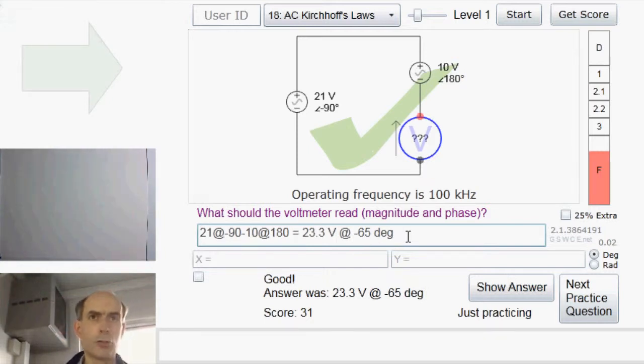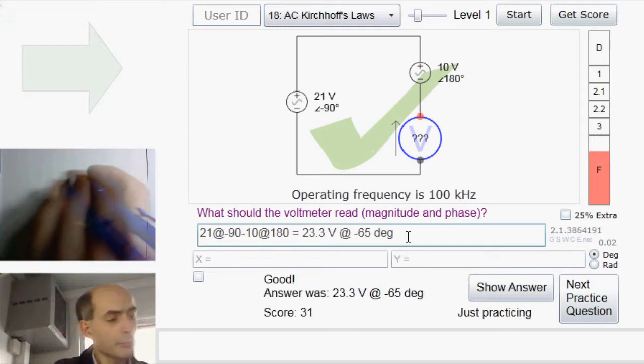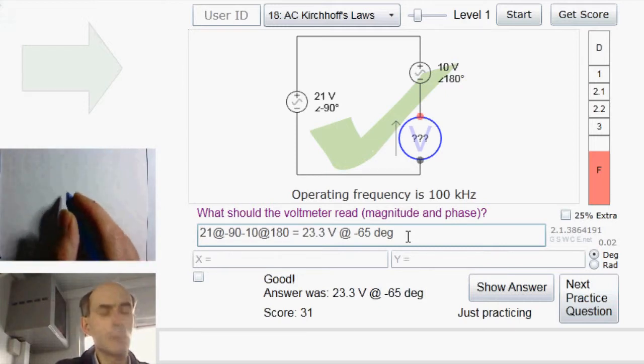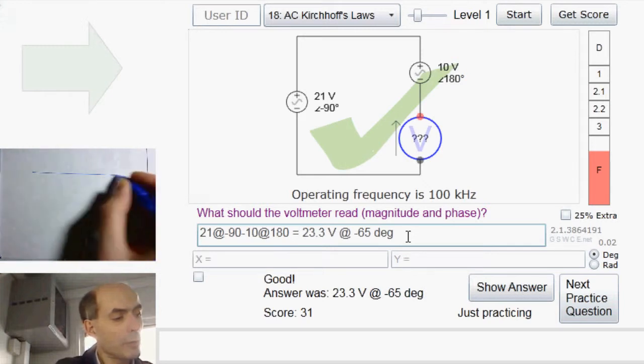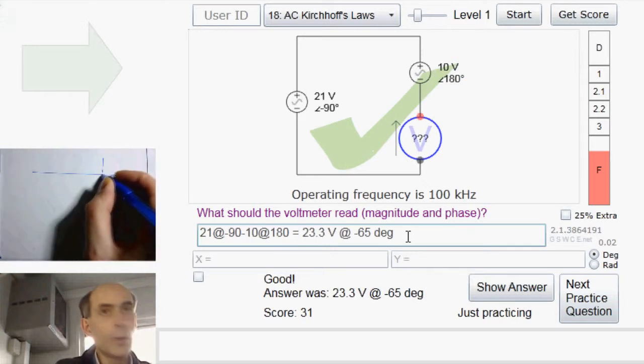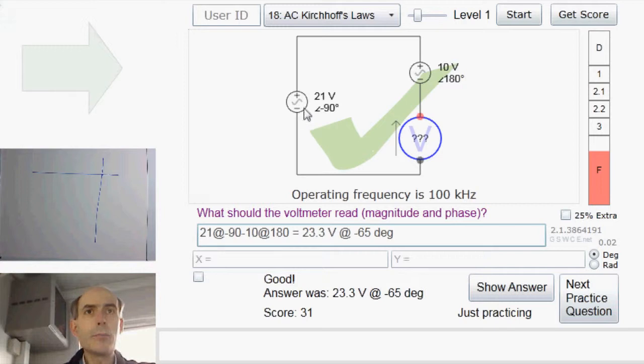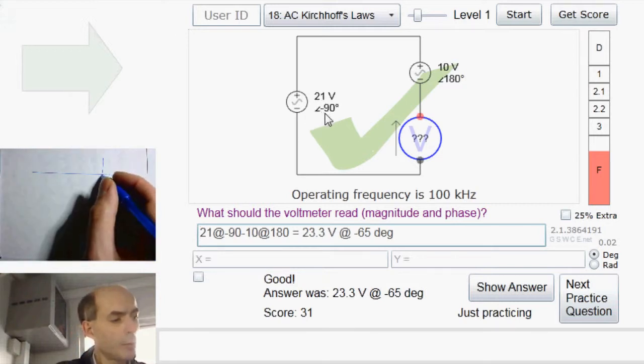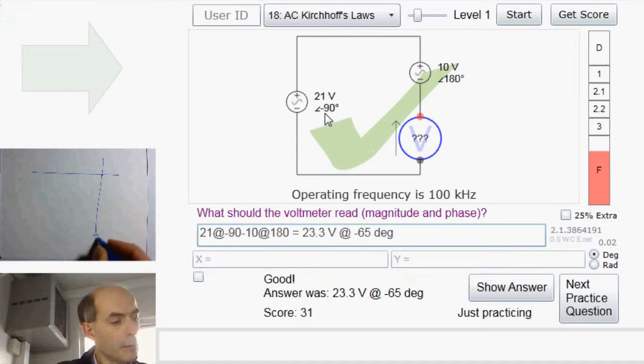If we were trying to do that one on an Argand diagram, the kind of thing we would have in this case is, well, the total voltage here is 21 volts at minus 90 degrees, so it would be down here at minus 21.